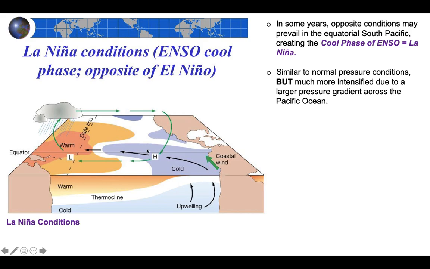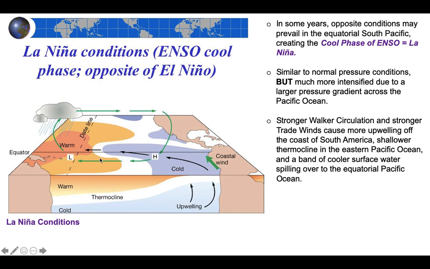So there is a strong pressure gradient across the equatorial Pacific Ocean, and there are very strong trade winds blowing from the southeast to the west northwest, causing strong upwelling. And you realize that with this strong upwelling, the thermocline, a zone of rapid change in temperatures, is pushed up, so it becomes very shallow close to the South American continent, unlike what we saw during the El Nino years, when it was pressed down because of the downwelling.